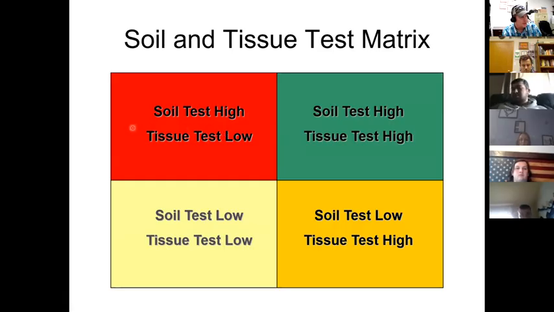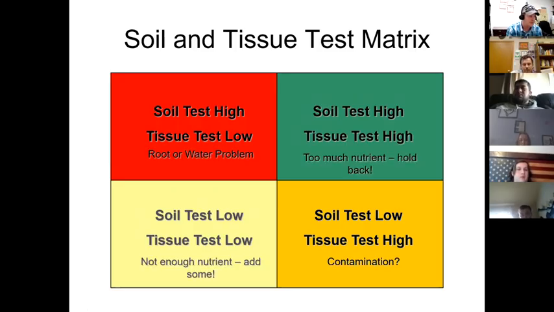And then we take a tissue test and the numbers are coming back low. That's interesting. In this instance, let's say that the soil test comes back high and the tissue comes back high, then that tells us something else, okay? Again, if we have a low soil test and a low tissue test, that tells us something. And in this case, we've got a low soil test and a high tissue test. So these are some potential outcomes of our testing.